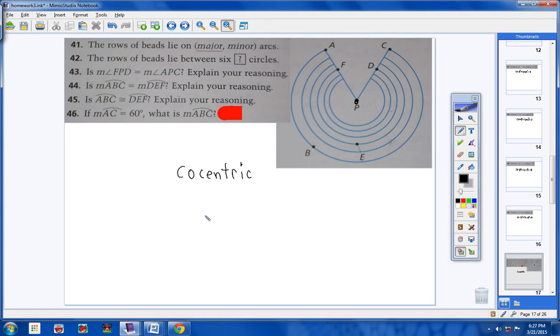Alright, moving on to number 43, the measure of angle FPD. Here's FPD, so this angle right here. Is that angle equal to APC? Well, of course it is.